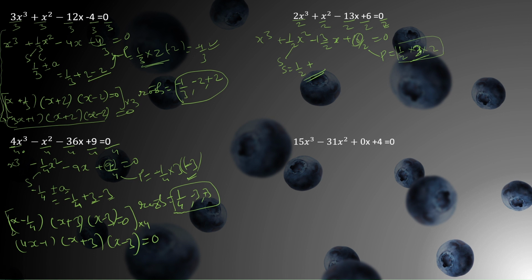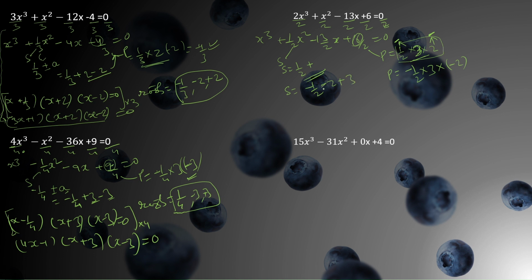Positive half is there, so the sum of all this should be positive. How can we have its sum as positive? We can make 3 as positive, and this 2.5. If we subtract 2.5 from 3, it will give us half. It means we have to make this half negative and 2 negative.